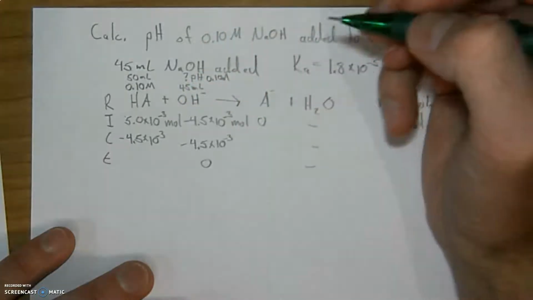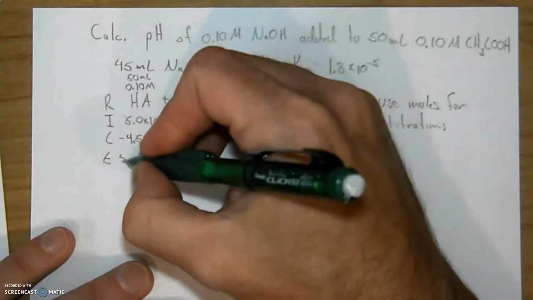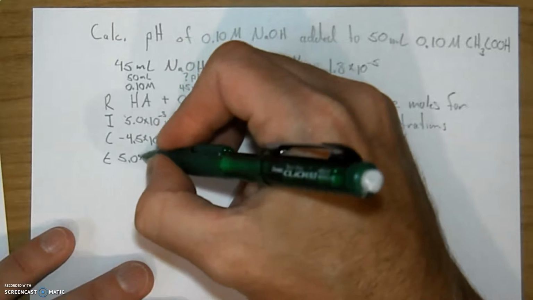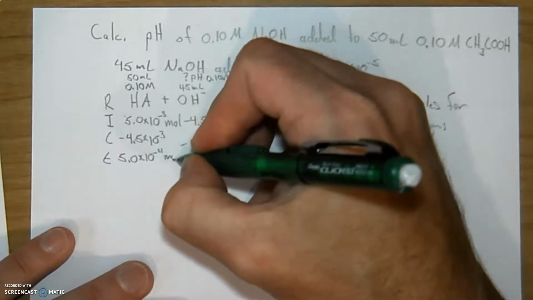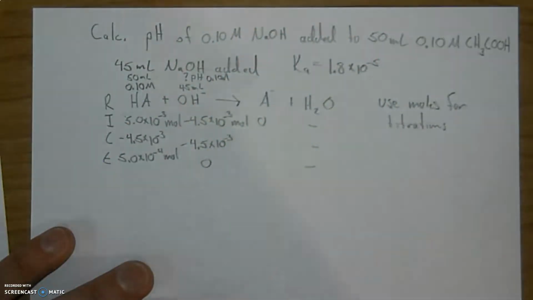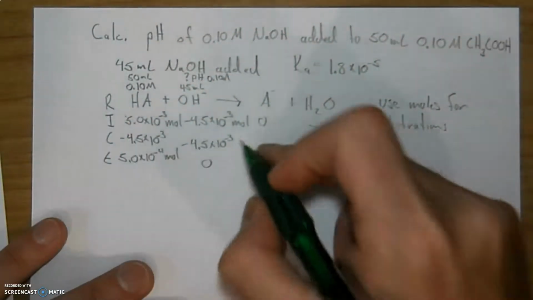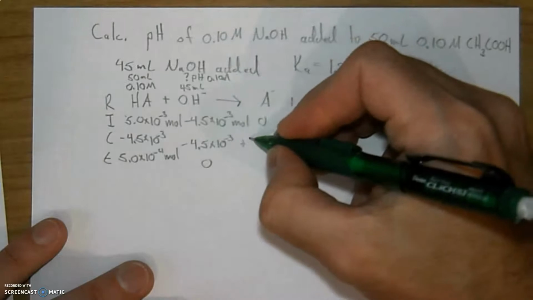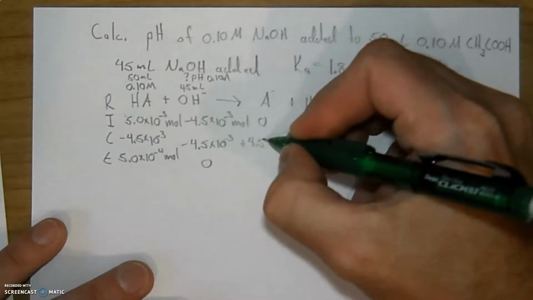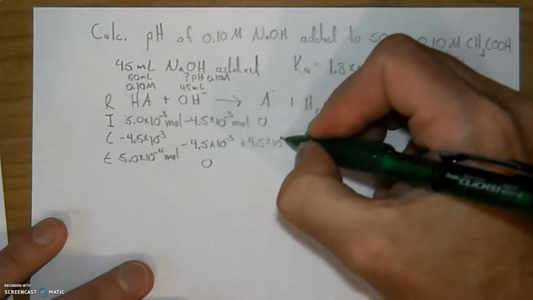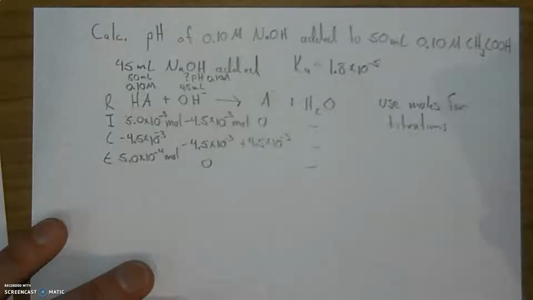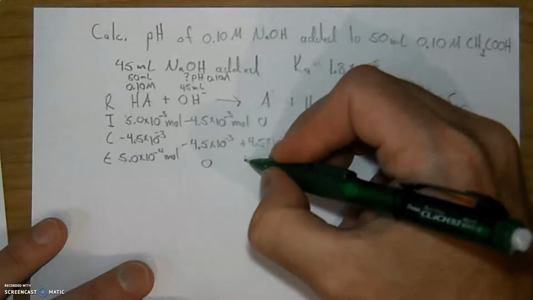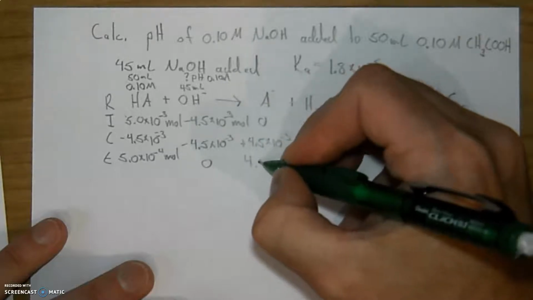That amount is gone, and what I'm left with remaining is 5.0 times 10 to the negative 4 moles. Whatever it took away, it's going to add that exact same amount over to the other side. And negative 3, I don't think I put negative 3 over here. So there it is, and now for my final amount, it's right there.